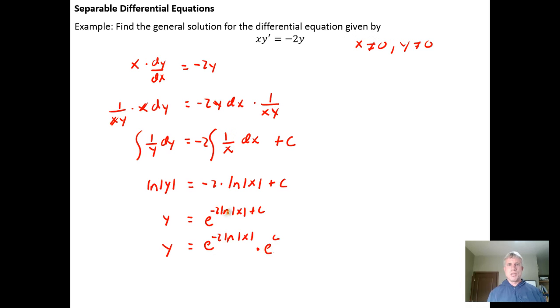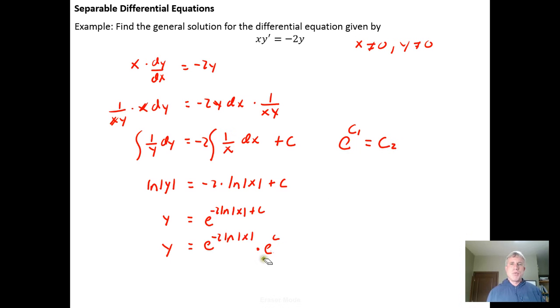So here I have an addition of exponents, which means it can be rewritten as the product of the bases raised to those exponents. And e to a constant c sub 1 is just Euler's number to a constant, which is just going to generate another real number, call it c sub 2.